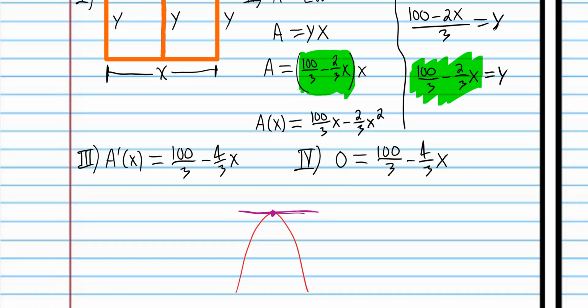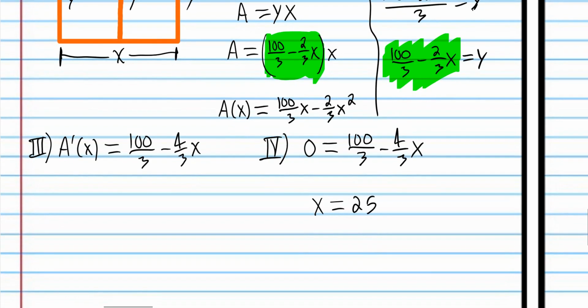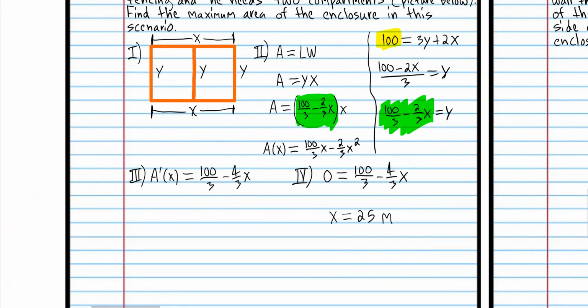So that's why we plugged in a yellow 0 there. So now we're going to solve. And it looks like we get x is equal to 25 if I did my math right. Okay, and that's going to be meters, 25 meters.